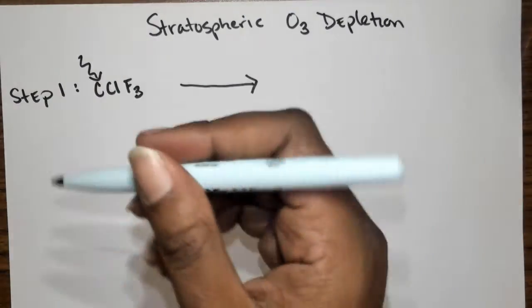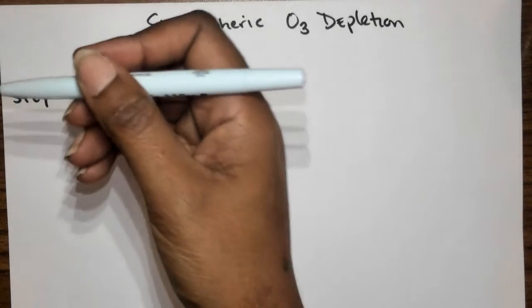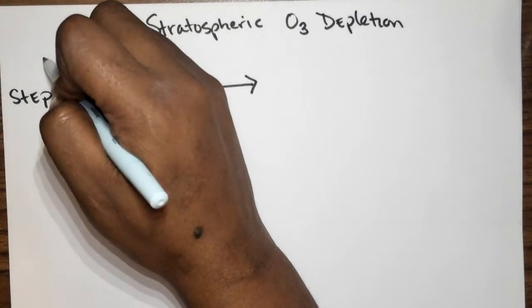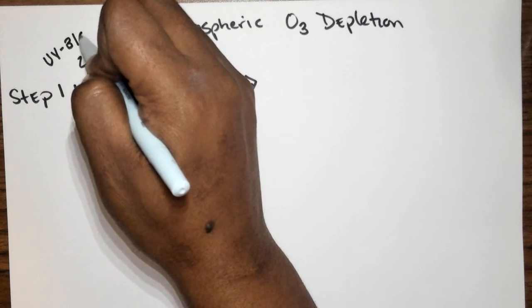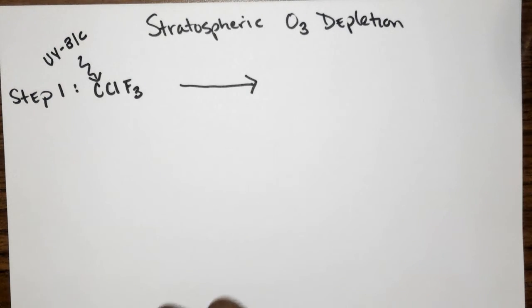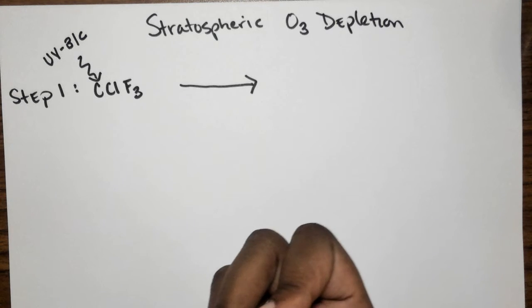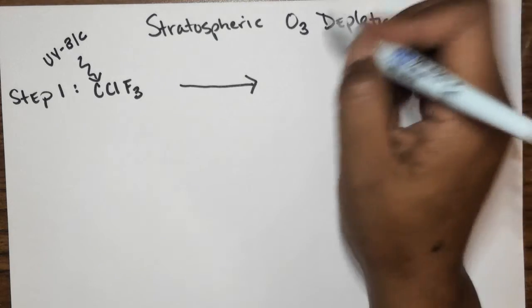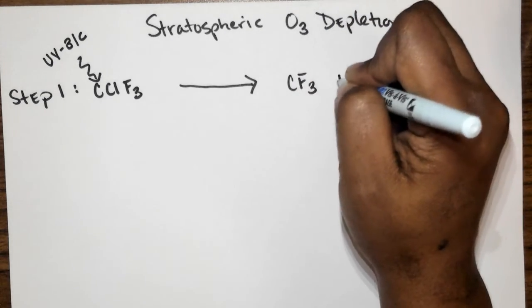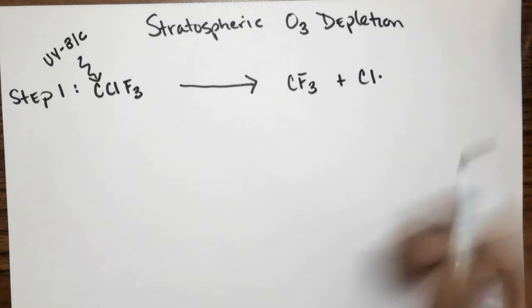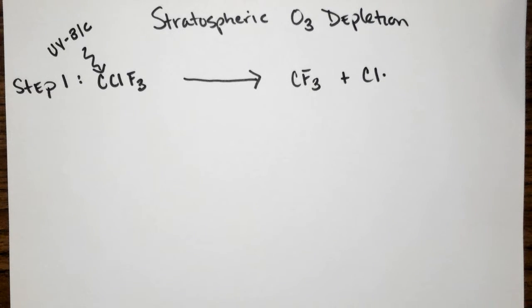When they go into the atmosphere, all the way up in the stratosphere, UV light, so remember UVB and UVC, are going to react with chlorofluorocarbons. And when they do, what you get out of that is CF3 plus a CO.